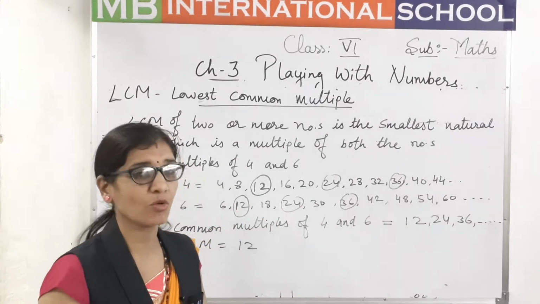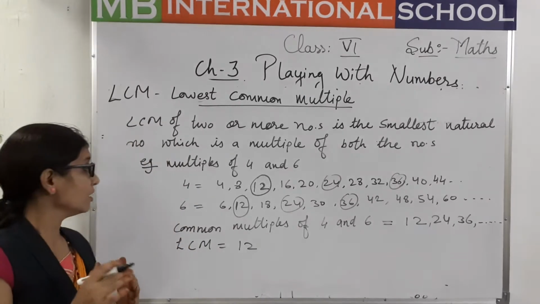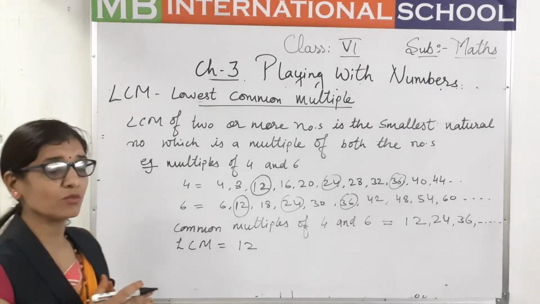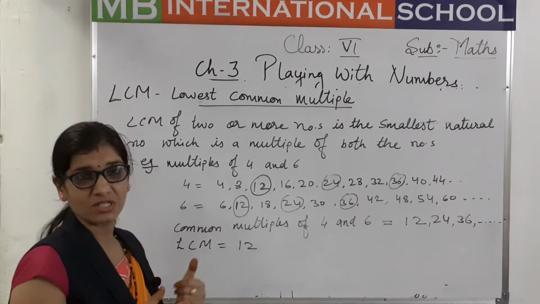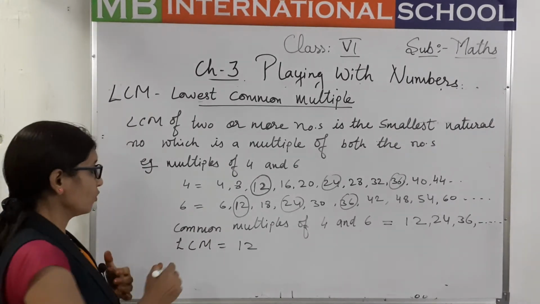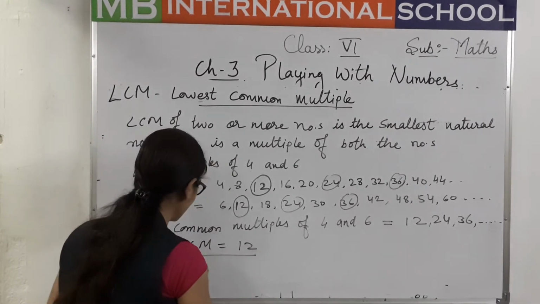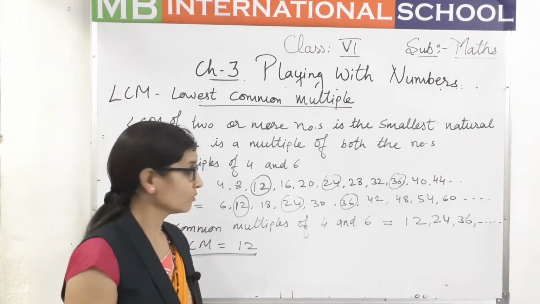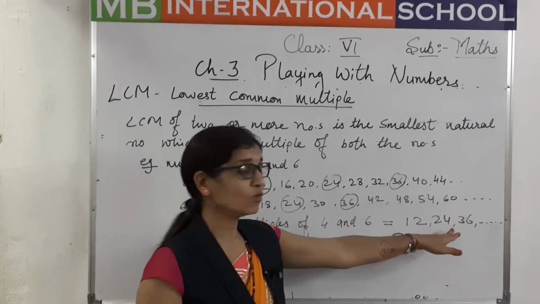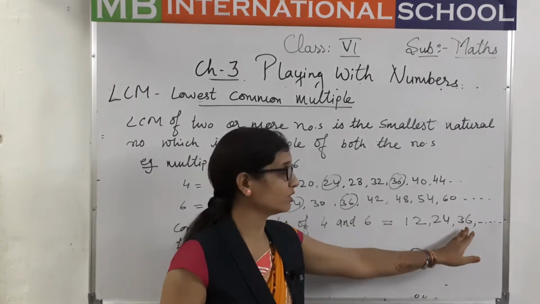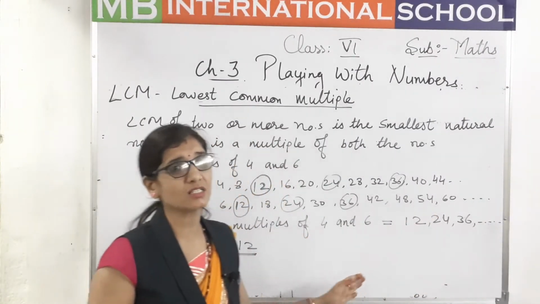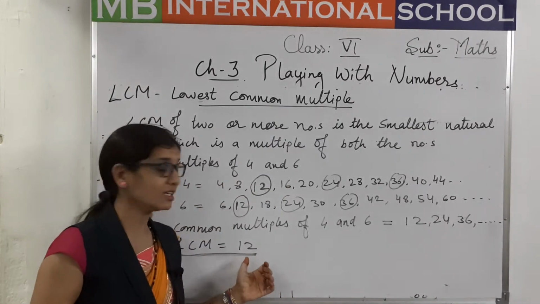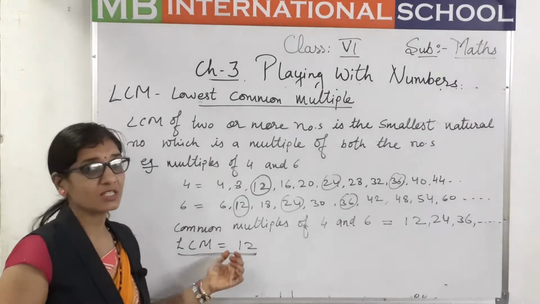So the LCM of 4 and 6 is 12. We have more common multiples, that is 24, 36, 48, but the lowest is 12, so we consider the LCM as 12.